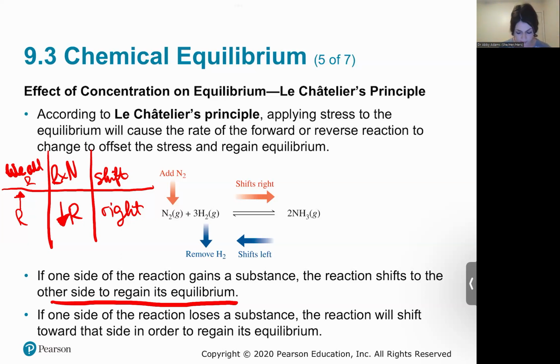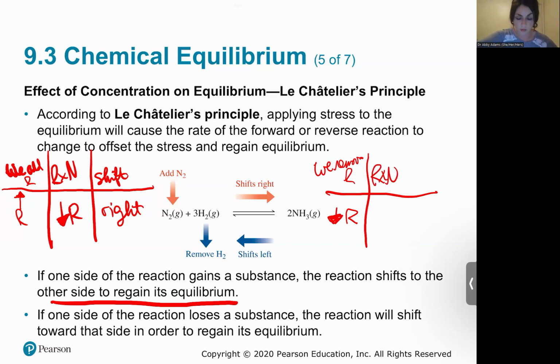Also, if we take away R, so if we remove R, then that means the reactants are going to decrease. And the reaction itself is going to want to increase the reactants.